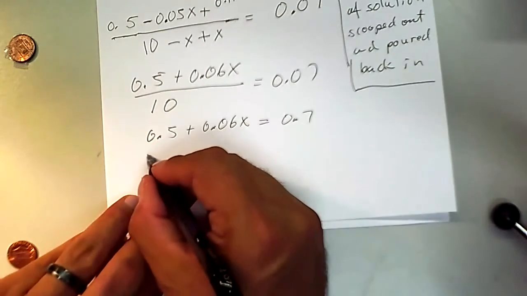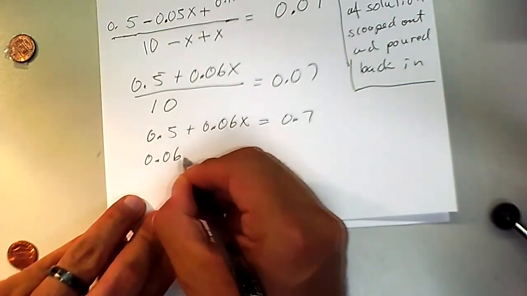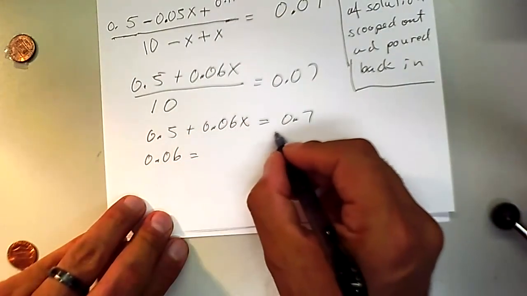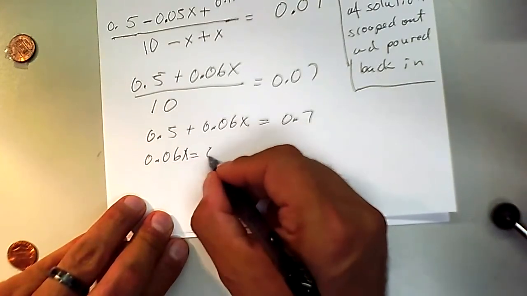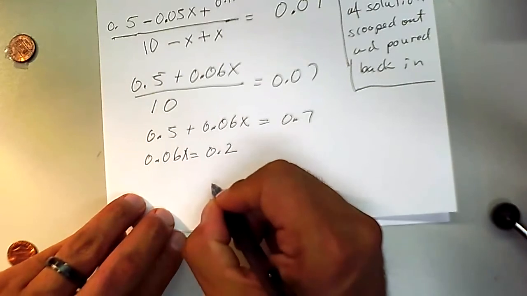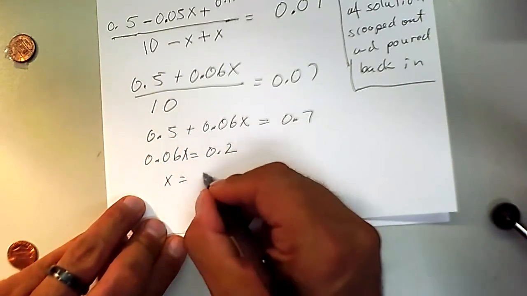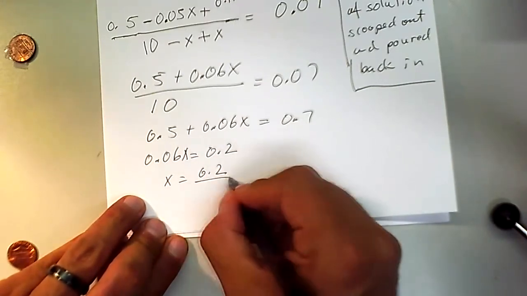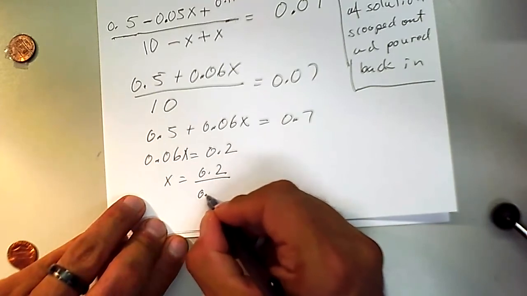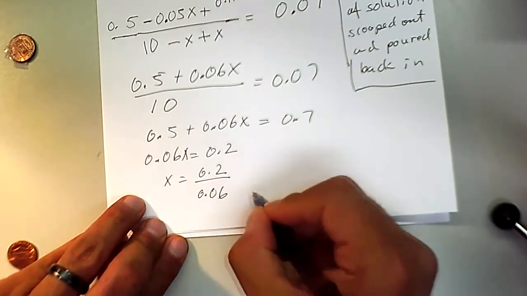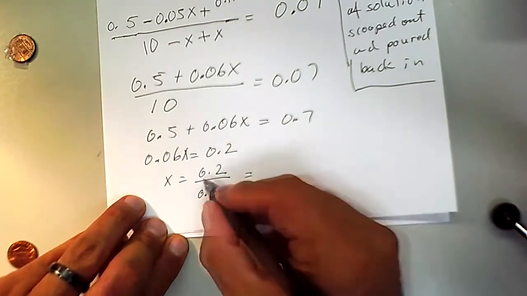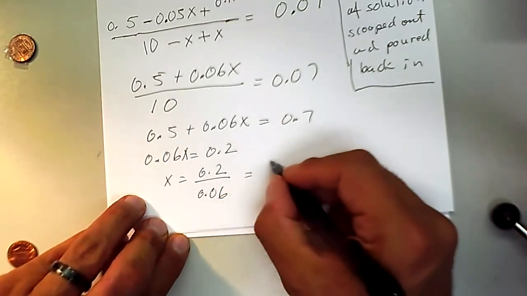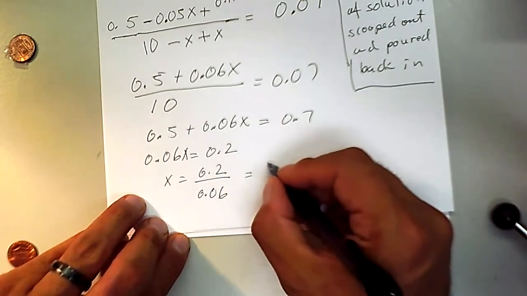So that means that 0.06x is equal to, oh, I missed the x, 0.2. And that means that x is 0.2 over 0.06. We can simplify the 2 and the 6, or we can multiply by 10 first, that's the same, rather by 100.